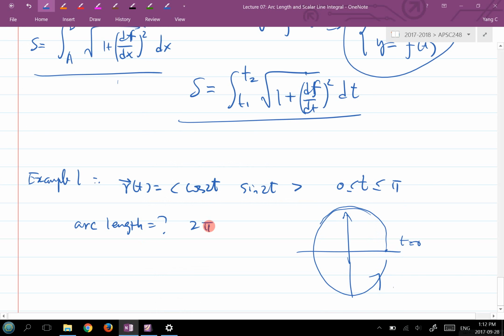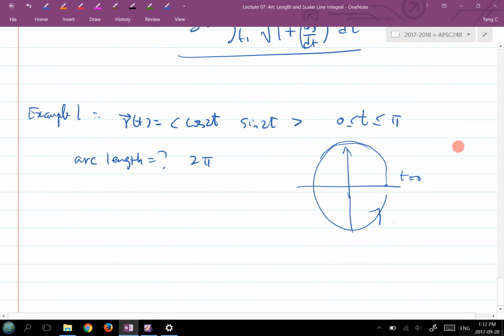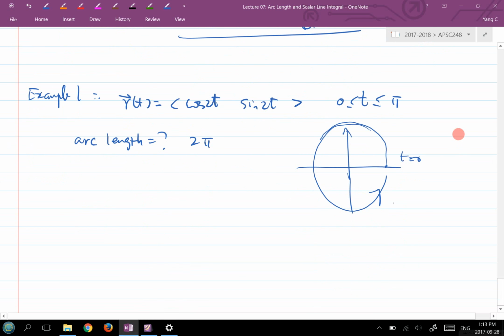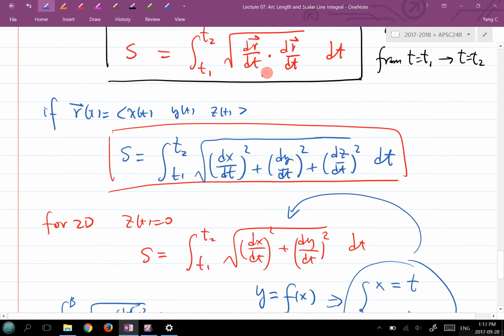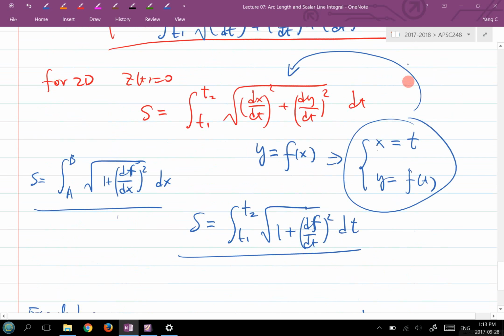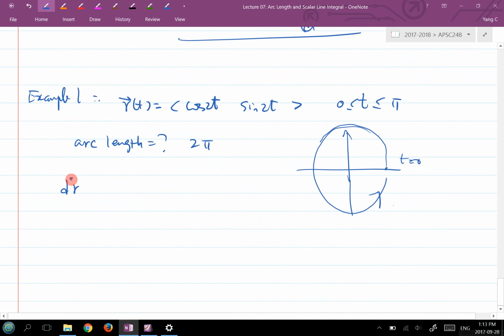Now let's verify this using the formulas that we just learned. I'm going to use this formula, which means I need to calculate dr over dt. So here's r. Calculating dr over dt gives negative 2 sine 2t, and then 2 cosine 2t.